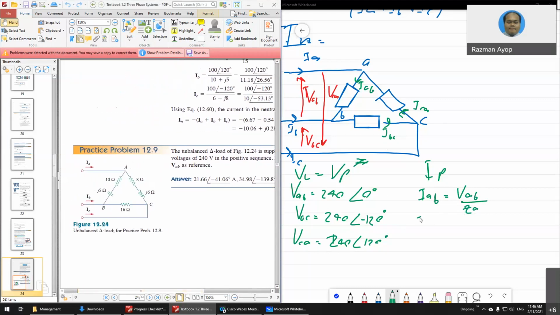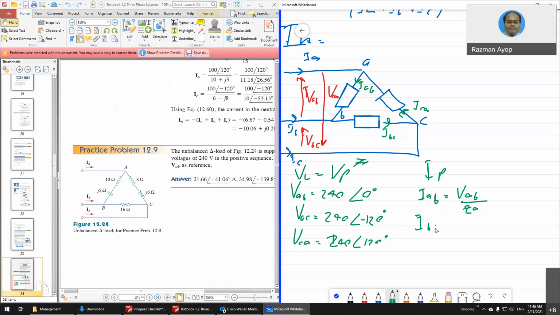IBC is equal to VBC divided by ZB. ICA is equal to VCA divided by ZC. Always use the first letter. So remember, ZB for IBC, ZC for ICA. First letter. Make sure you remember.